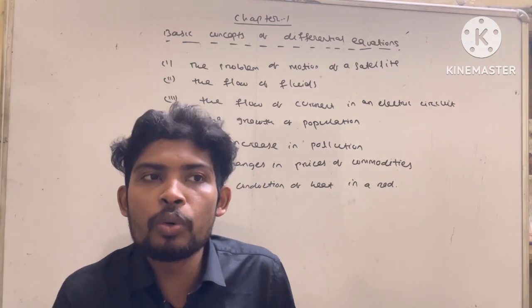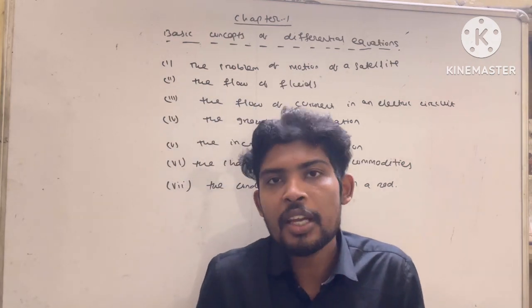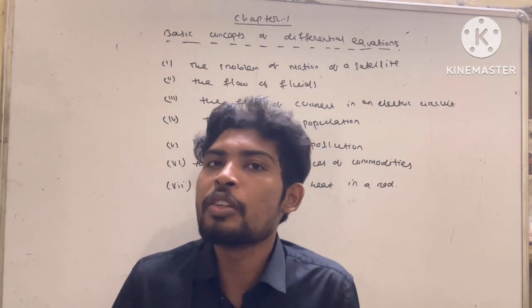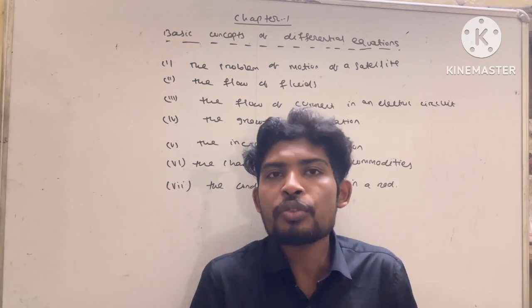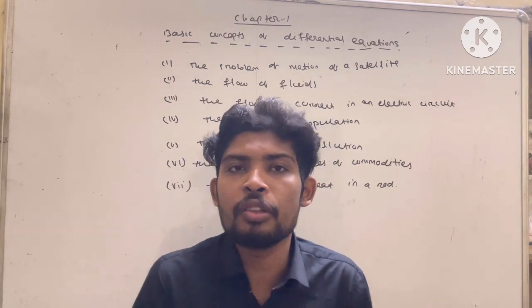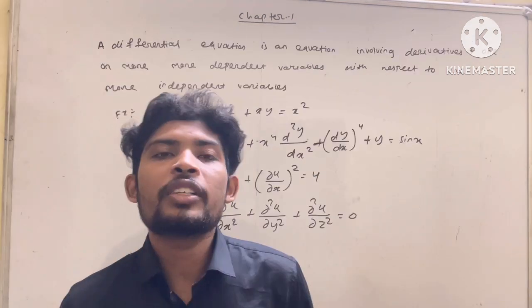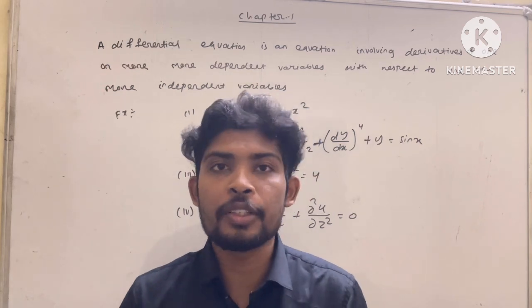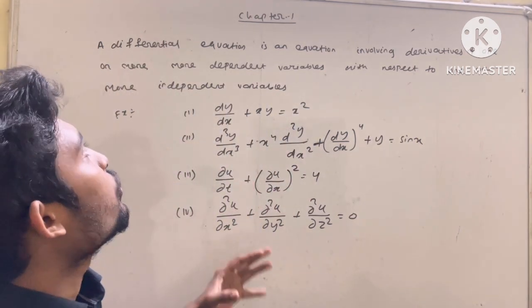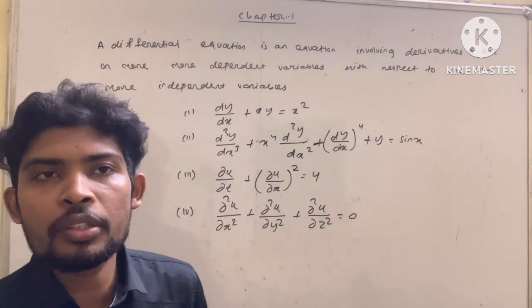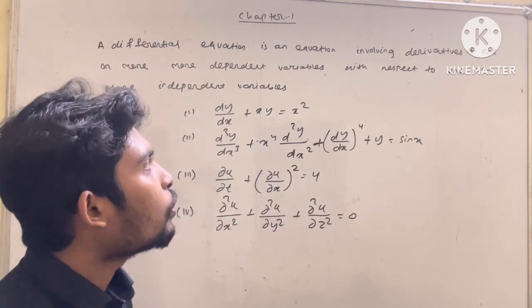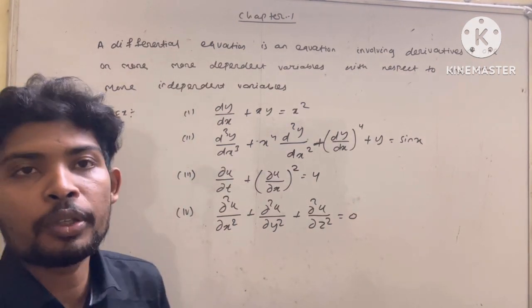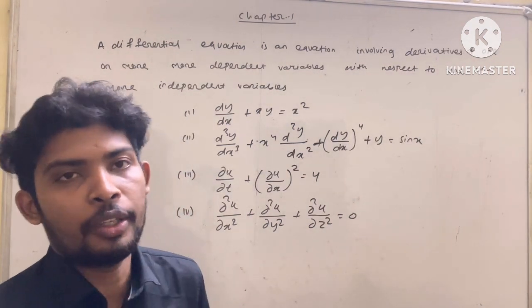Now we will go to the definition of differential equations, then to the classification of differential equations. First of all, let's discuss the definition of differential equation. A differential equation is an equation involving derivatives of one or more dependent variables with respect to one or more independent variables.